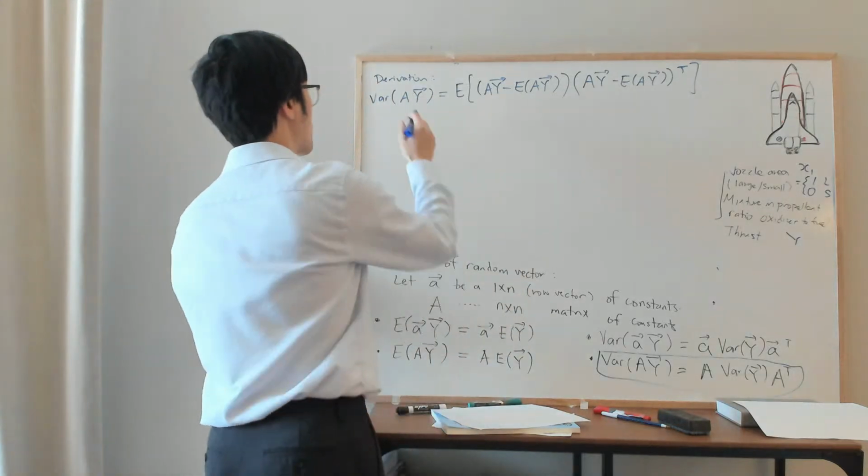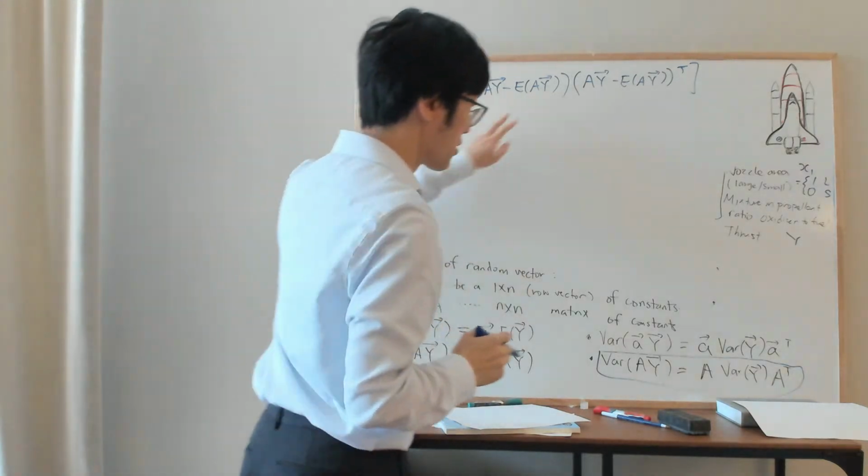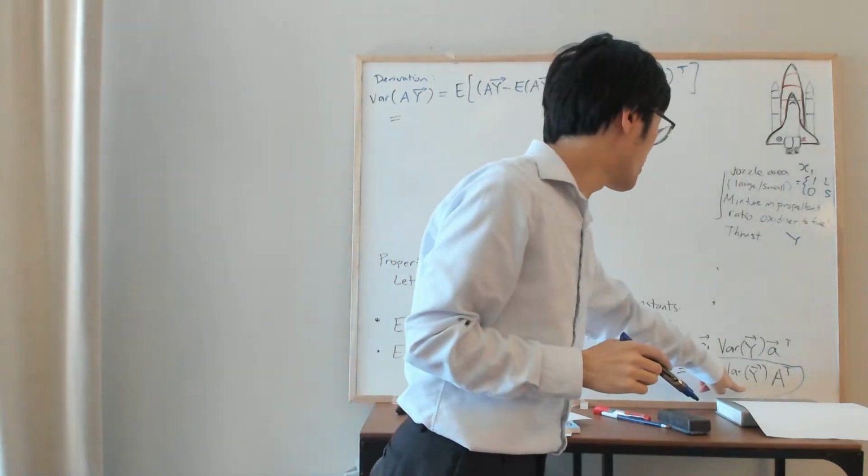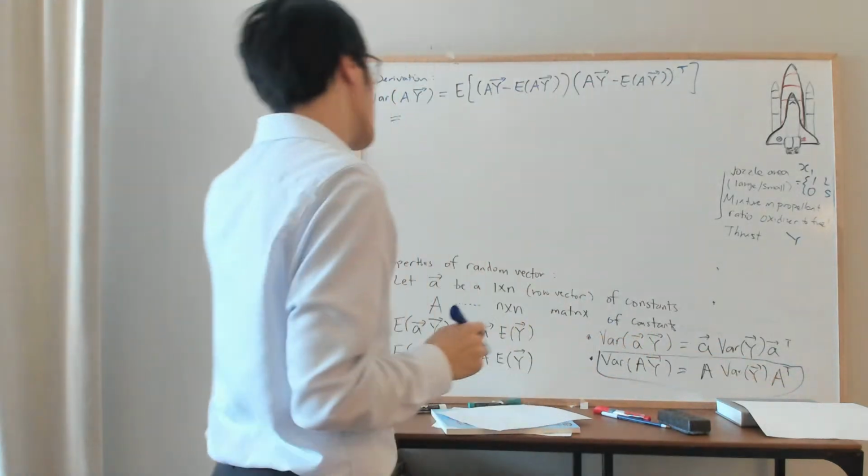Let's work through the steps to see how we get A times the covariance matrix of Y, A transpose.